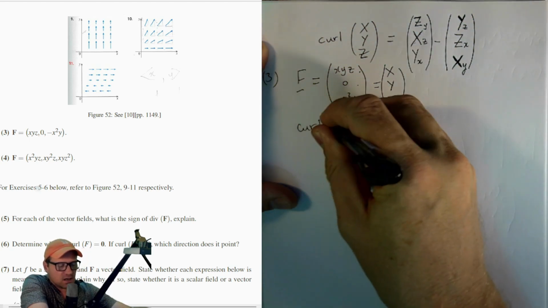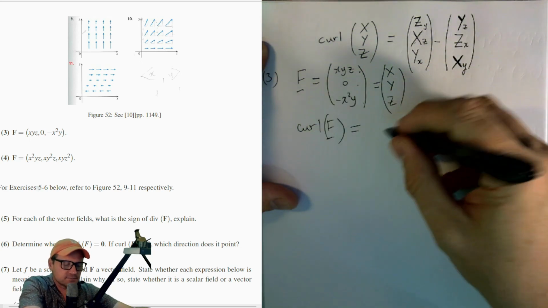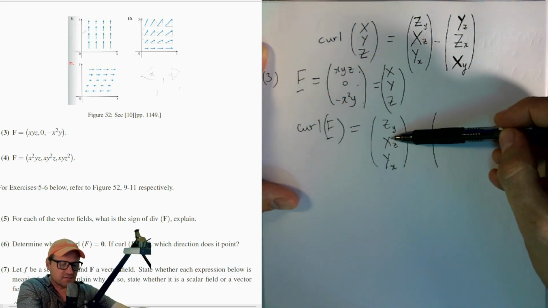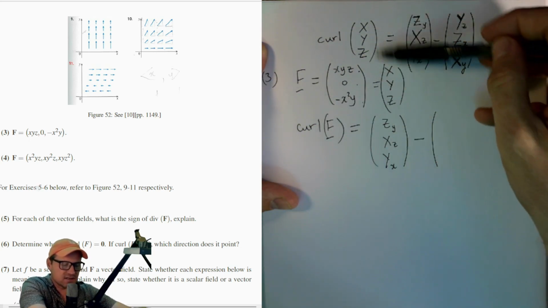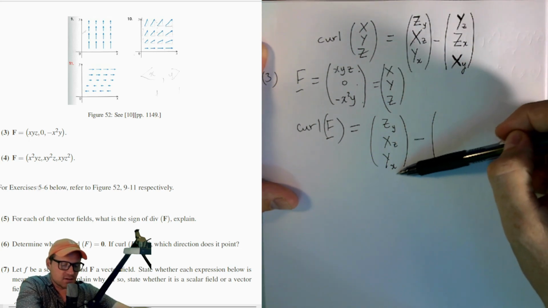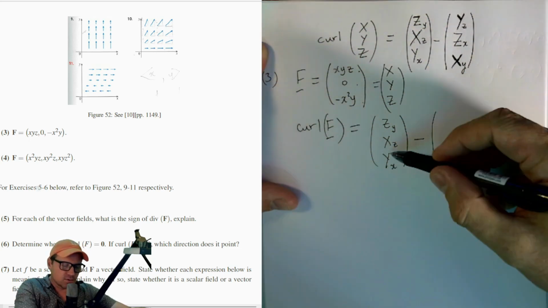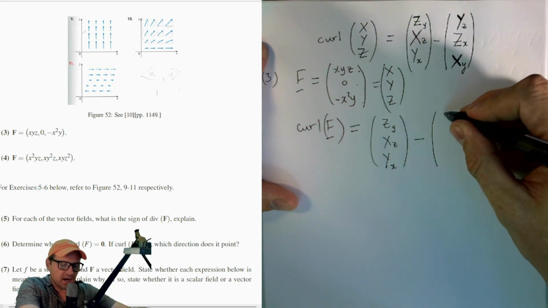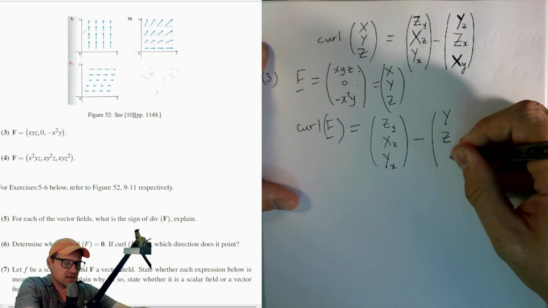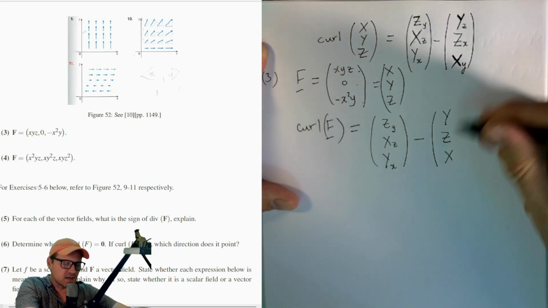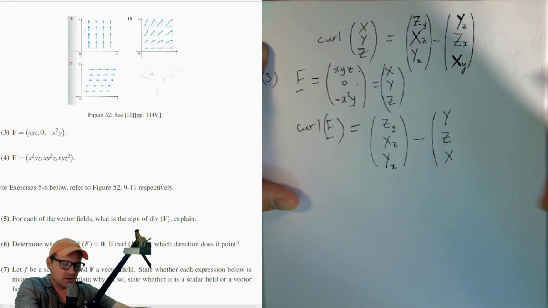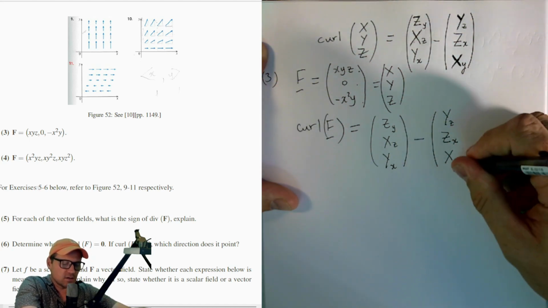So the curl of F is, and notice here that we can think of this as a rotation pushing this down by 1, and so then the z comes up to the top, and then if we do that again, push this down 1, then we've got the y at the top, then z, and then x, and then the subscripts match what we have here, so z, x, and y.